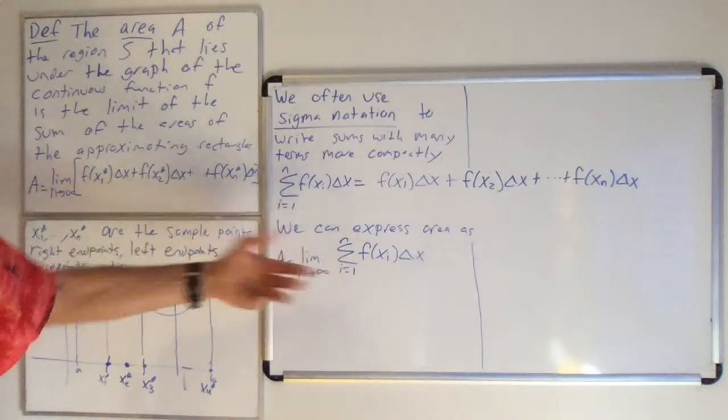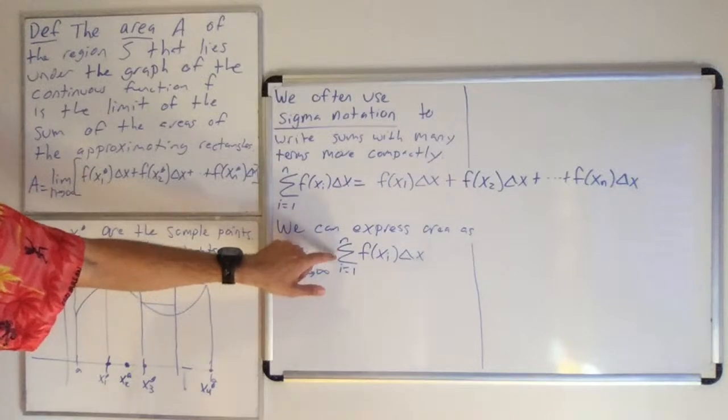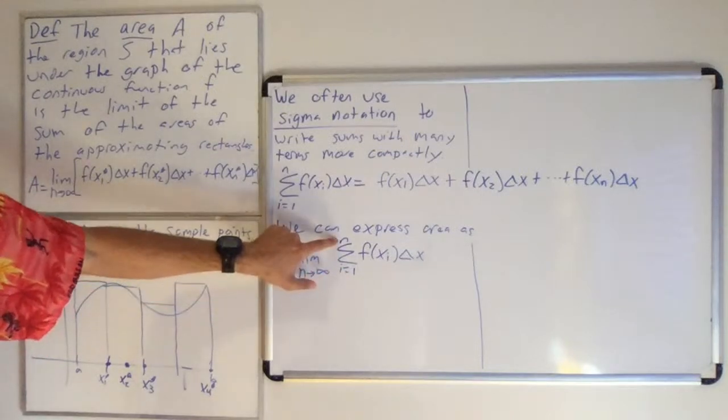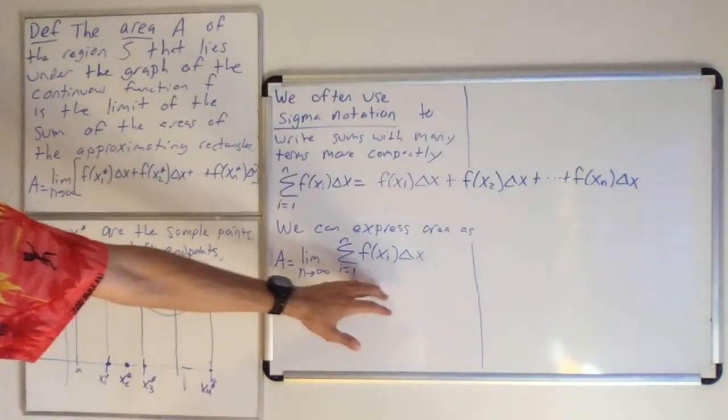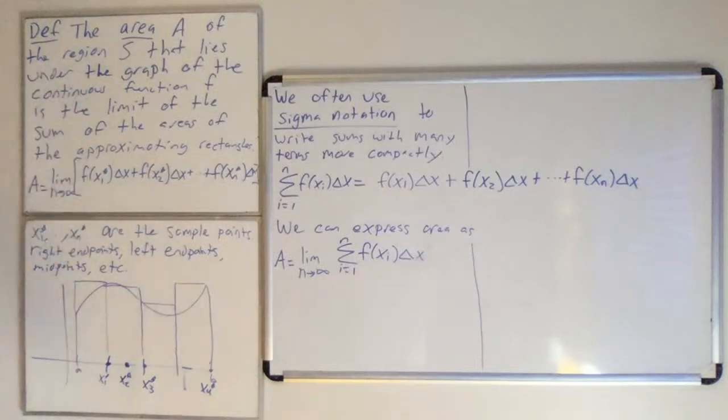The way you would read this is the sum from i equals 1 to n of f of x sub i delta x. And so what this means is it's exactly this. Here again, I dropped the stars, so it's just a notation thing. It's not terribly important.